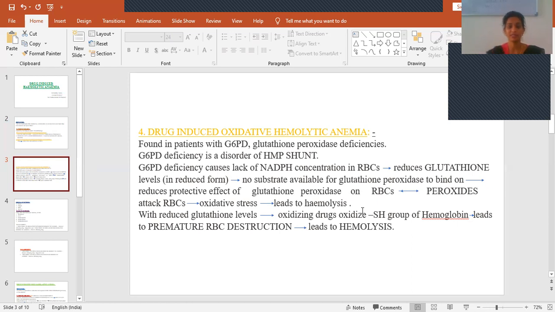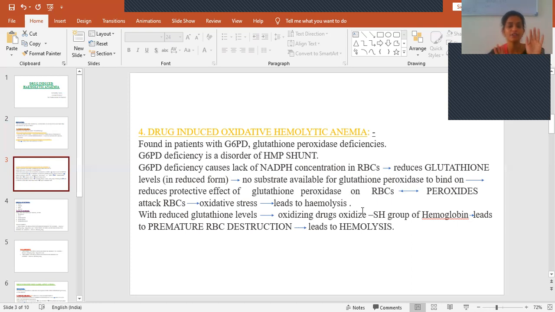Once again, I am going to repeat this. In patients with deficiency of G6PD in the HMP shunt, decreased NADPH will be produced. As NADPH production decreases, there will be a decrease in the reduced levels of glutathione. Generally, for 100 molecules of glutathione, 100 molecules of glutathione peroxidase are required.